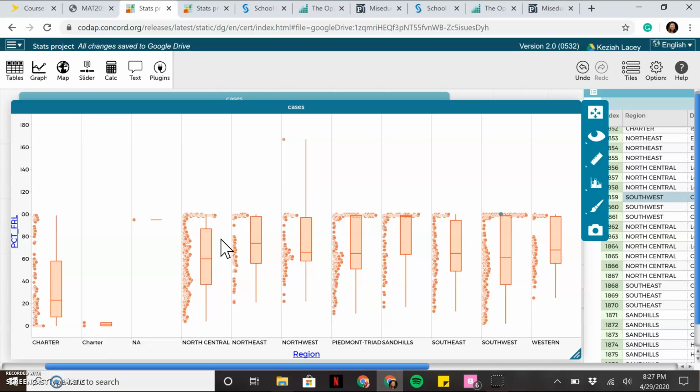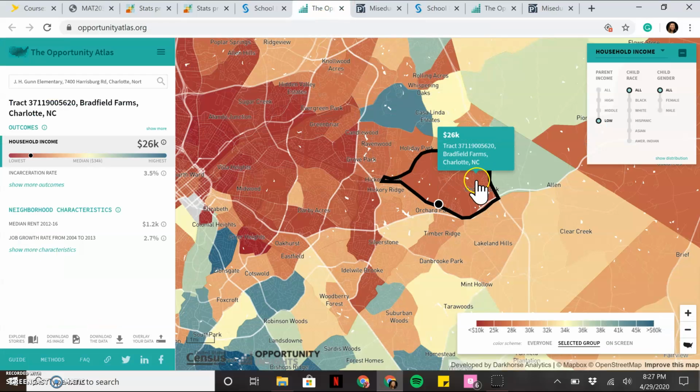So when I was doing my research outside of looking just at the data, I decided to look into the household income just to see if my assumptions were correct, and they were that these schools are in the lower income areas.